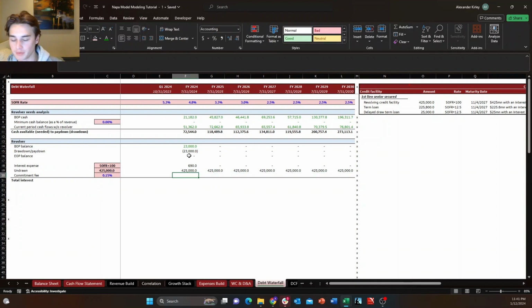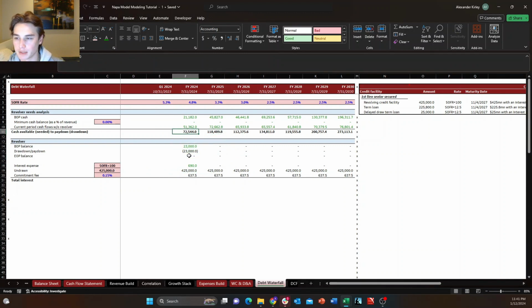And then for my commitment fee, the price I have to pay for having this debt facility open, I'm going to take the fee and multiply it by the amount that I have undrawn, and fix this. And I believe that should do it for our revolver.